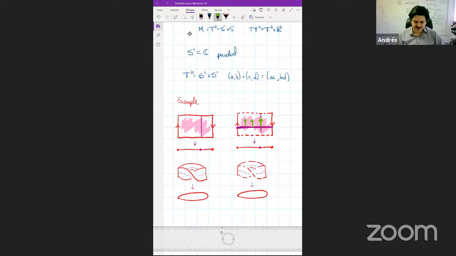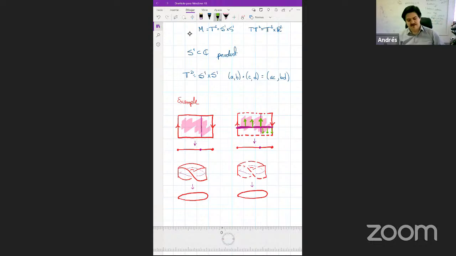You have it like this. And then you are here. What are you doing? You are moving the vector smoothly, right?